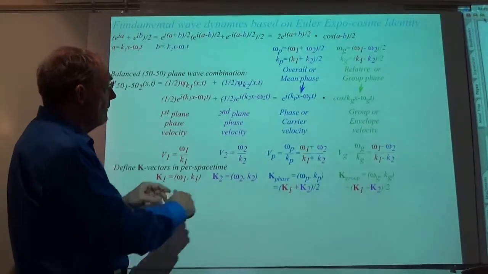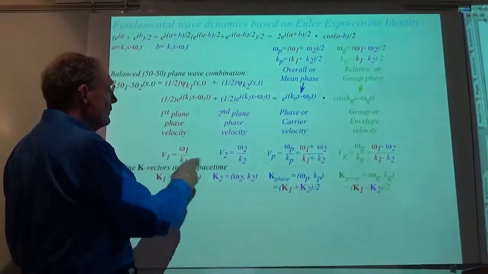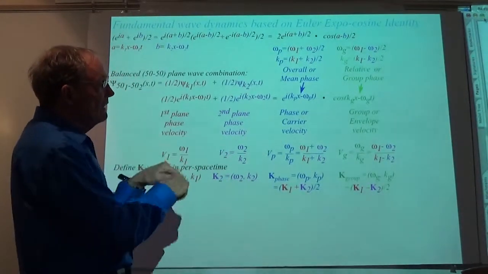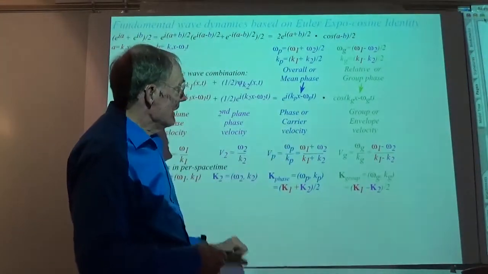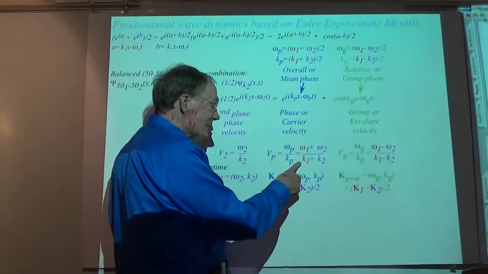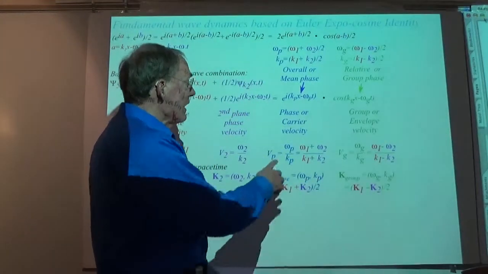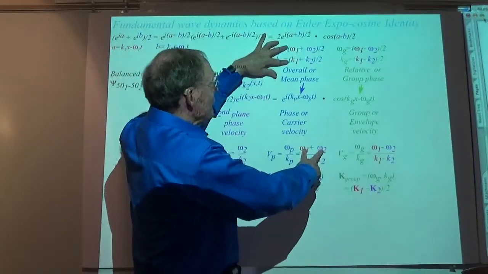And we've got two of those going in. Okay? So there's a velocity for this and a velocity for that are going to mix and interfere according to this rule and give me a phase velocity and a group velocity. The phase velocity being the ratio of the two factors here.